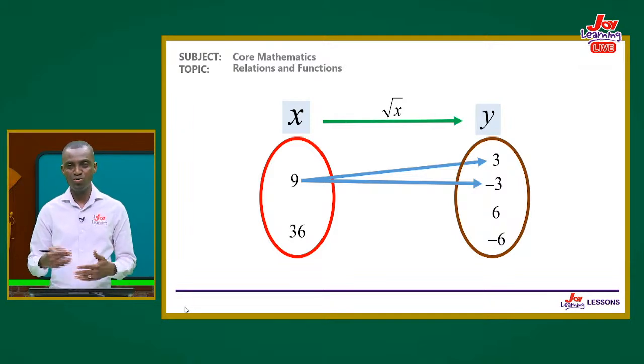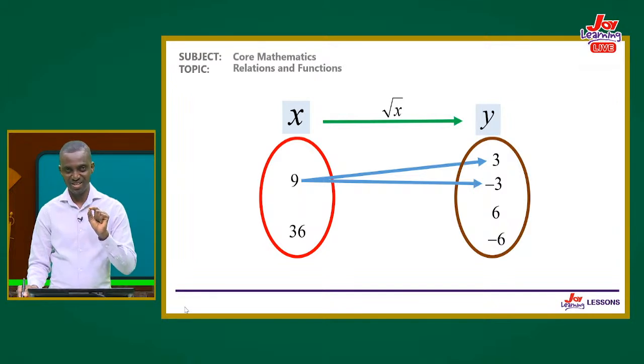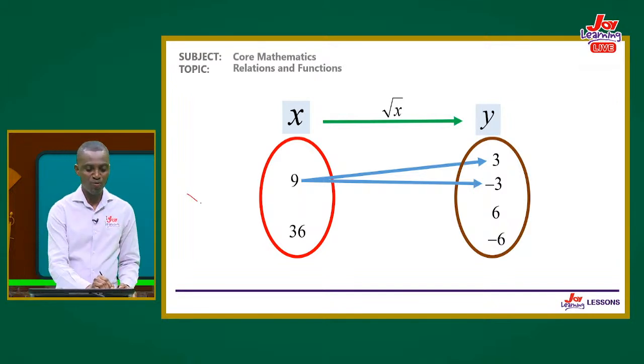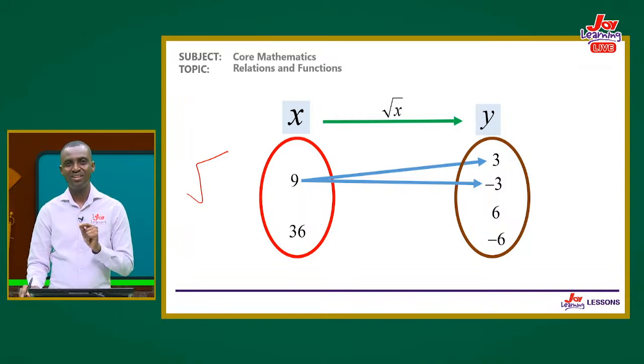So I can get root 9 giving me positive 3 or root 9 giving me negative 3. But ideally, take note of this, the square root of any natural number must always give you a positive number, not plus or minus the number.